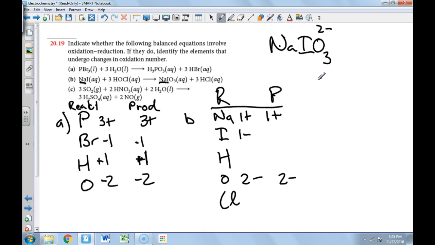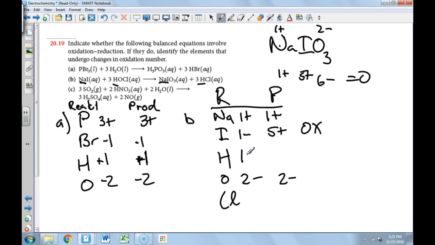If that's 2-, we have 6- total, and sodium is 1+, so we need all of this to add up to 0, which means this iodine is 5+. That definitely has lost some electrons. That's what's being oxidized.